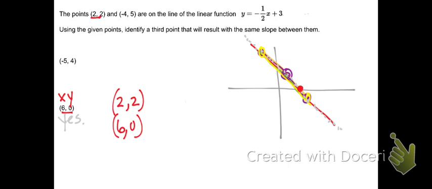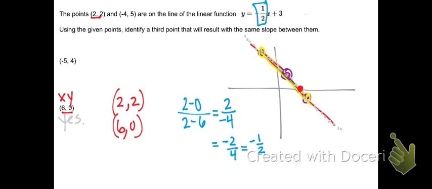Remember, slope is the change in the y's, so 2 minus 0, divided by the change in the x's, 2 minus 6. 2 minus 0 is 2. 2 minus 6 is -4. And if I simplify this, 2 divided by -4 is a negative number, and I can simplify that fraction to be -1/2. The same as we see in the equation.